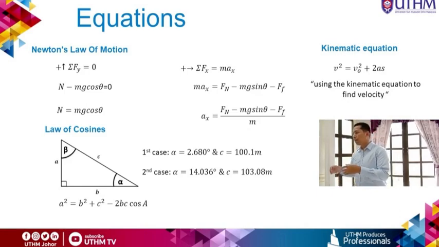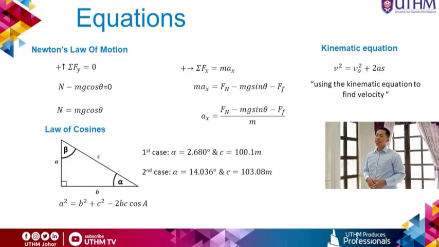To find the velocity, we use the kinematic equation, v squared equals v initial squared plus 2a times distance. But in our case, the distance that we know is the horizontal, the B. To find the distance, we use the law of cosines because we know B is 100 meters in both cases.